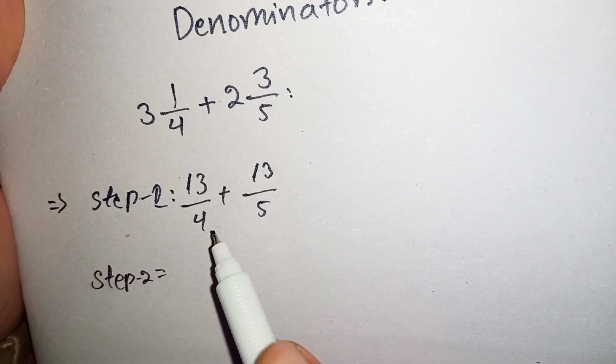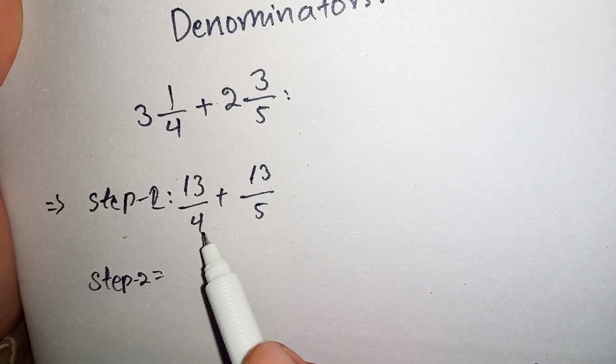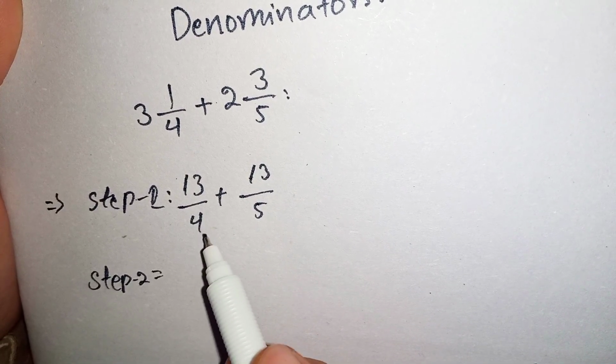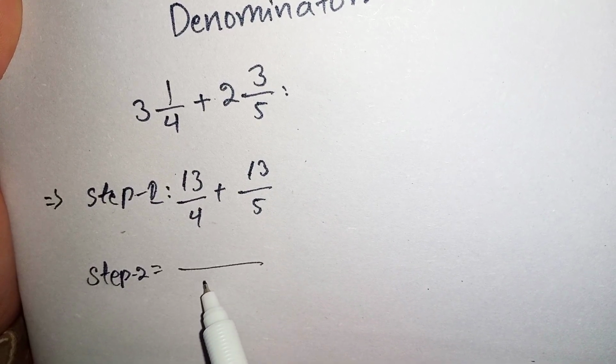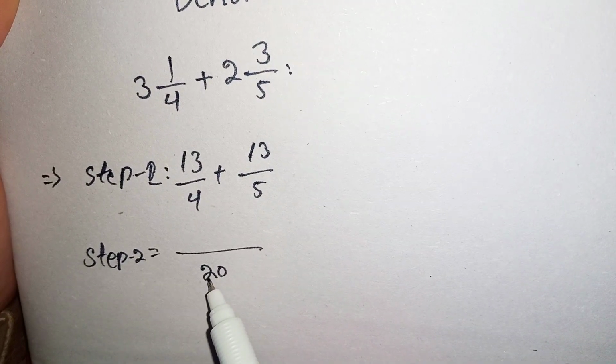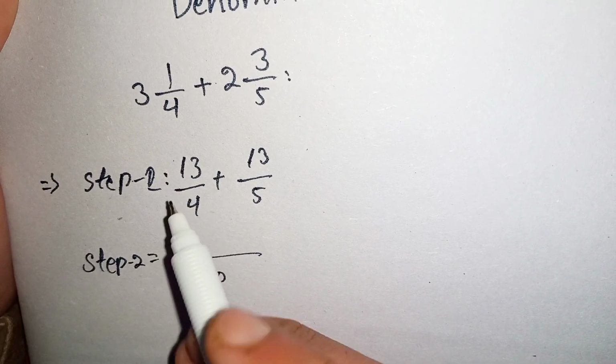Now in step 2, here we see that both fractions have different denominators. So we will take the LCM or least common denominator of both of these fractions, which is equal to 20. So we will divide 20 by 4, which is equal to 5, and multiply 5 by 13.